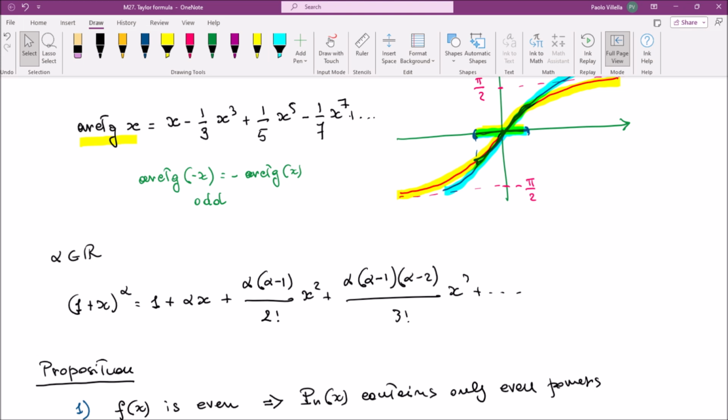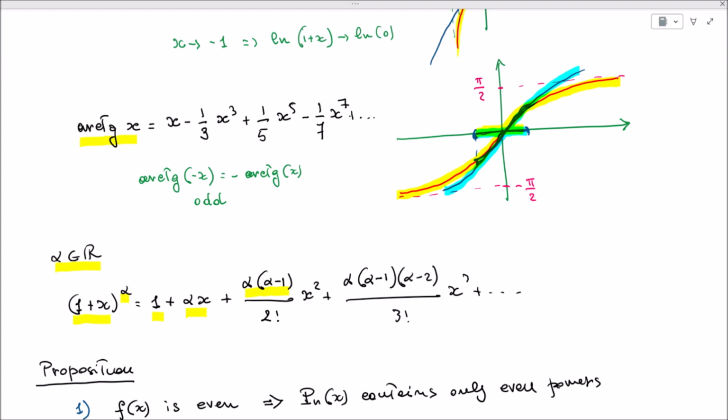This function can be approximated by a Taylor polynomial as follows: 1 plus alpha x plus alpha times alpha minus 1 divided by 2 factorial x to the square plus alpha times alpha minus 1 times alpha minus 2 divided by 3 factorial x to the cube, and so on and so forth. So clearly this is different depending on the value of alpha. We'll come back on each of these polynomials when we give the proof of them.